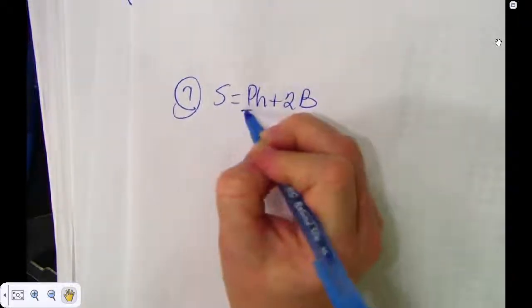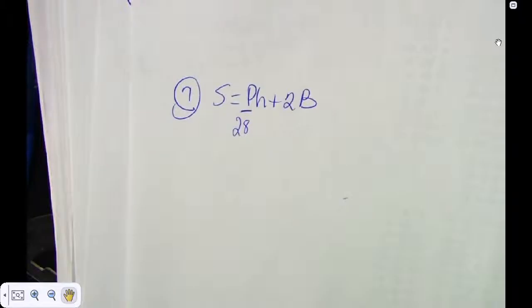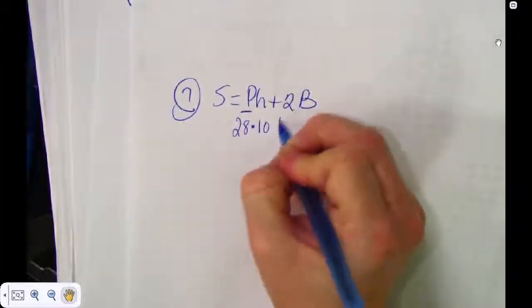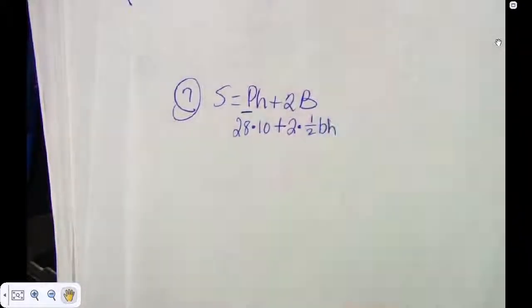What is the perimeter of that triangle? 28. Does everybody see how she got 28? 7 plus 9 plus 12. Perimeter times 10. Awesome. Plus 2 times 1/2 base times height.